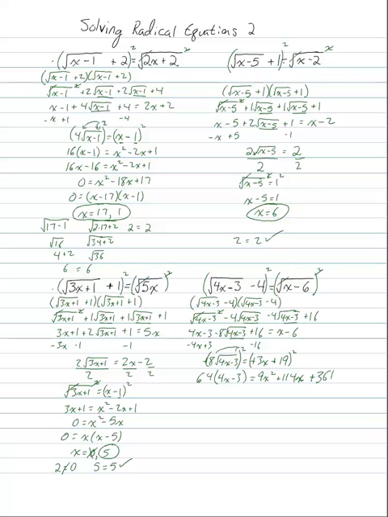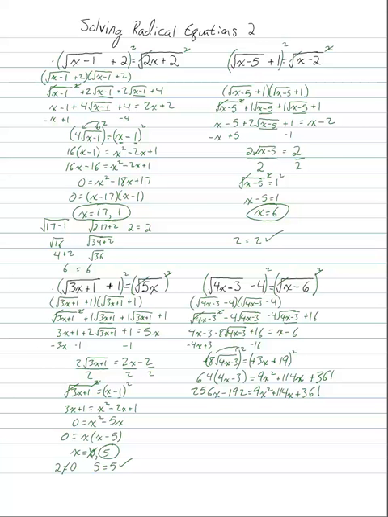Okay, so let's multiply this out. So 64 times 4 would give me 256x. 64 times 3 would give me minus 192, still equals 9x squared plus 114x plus 361. It's a quadratic, let's get everything over to one side, so I'll subtract my 256 and I'll add my 192.